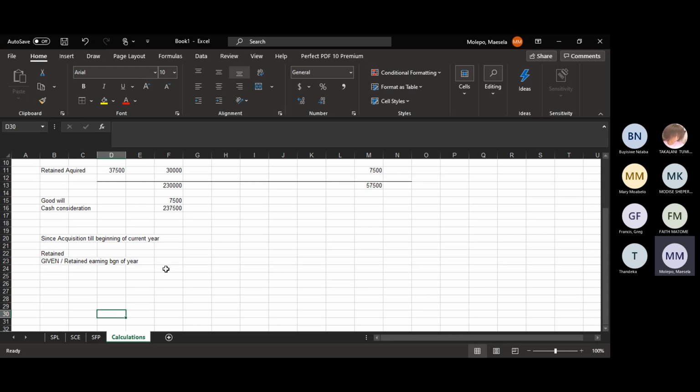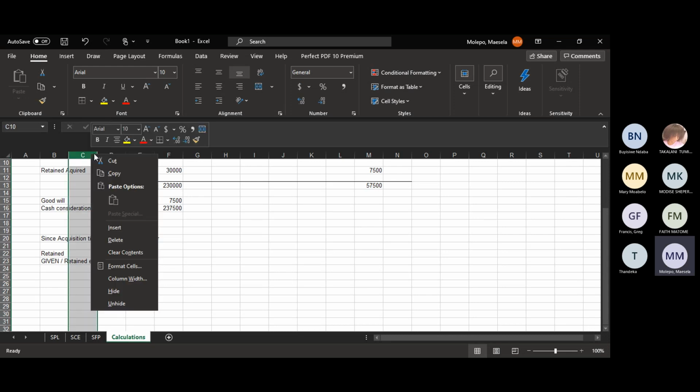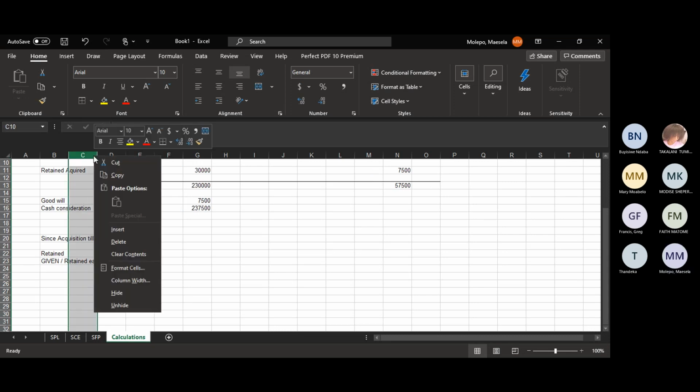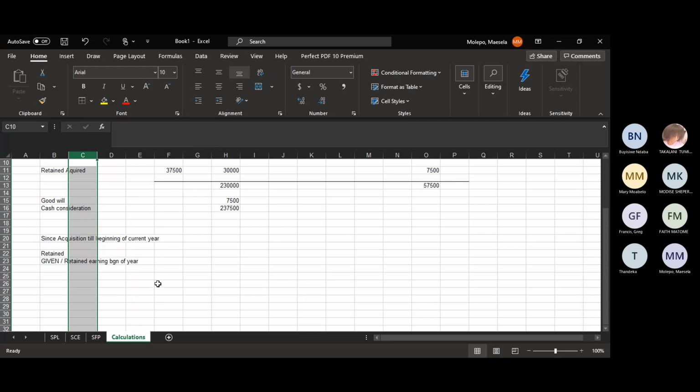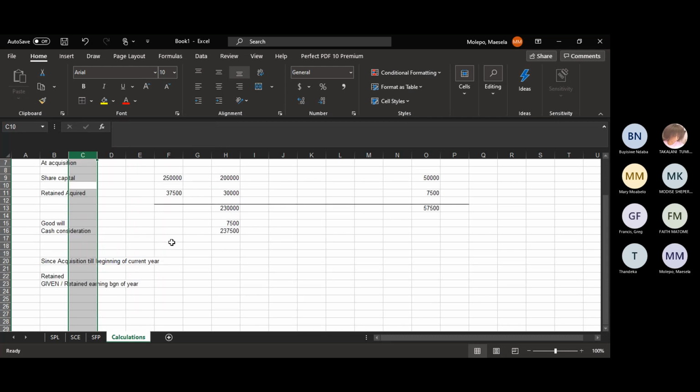So our retained earnings at the beginning of the year is how much? Now we have to check on the pre-adjustment trial balance. On the pre-adjustment trial balance, they show us the retained earnings on 1 April 2015. The retained earnings was 167,890.